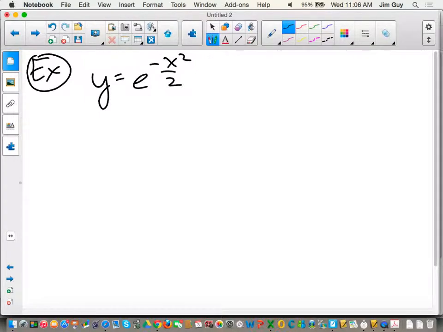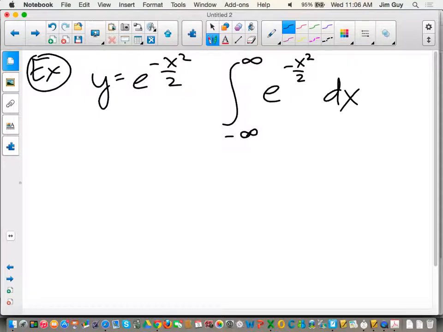Let's take a look at this function right here. Now we're going to do the series, and could this be accomplished without stats? Now we're going to get crazy. We're going to take the integral from negative infinity to infinity of e to the negative x squared over 2, all of that in the exponent. Nice.